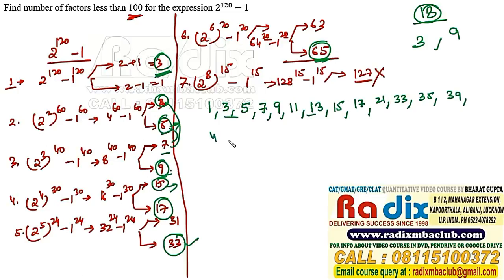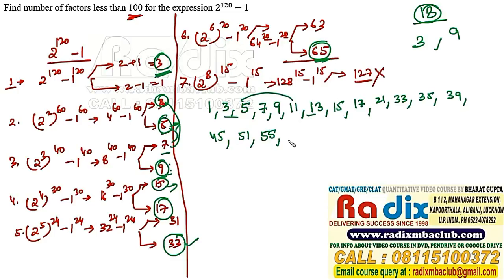Yes, 45 is there. 9 and 5. 47 not possible, 49 is not possible because a single 7 is there. 51, 17 3s are, yes, 51 is there. And then 53 is not possible, 55, yes, 11 5s are 55. We can multiply like this.